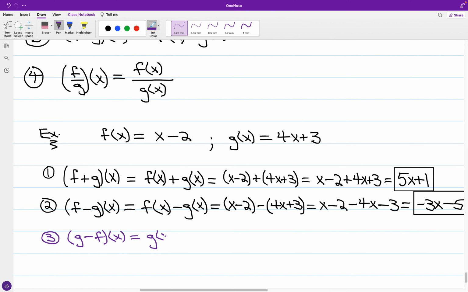In this case, if I had g out in front, between the functions, I have g of x deducting f of x. So for the dynamics that will be played out, we have g of x, again 4x plus 3, and we have subtracting f of x.